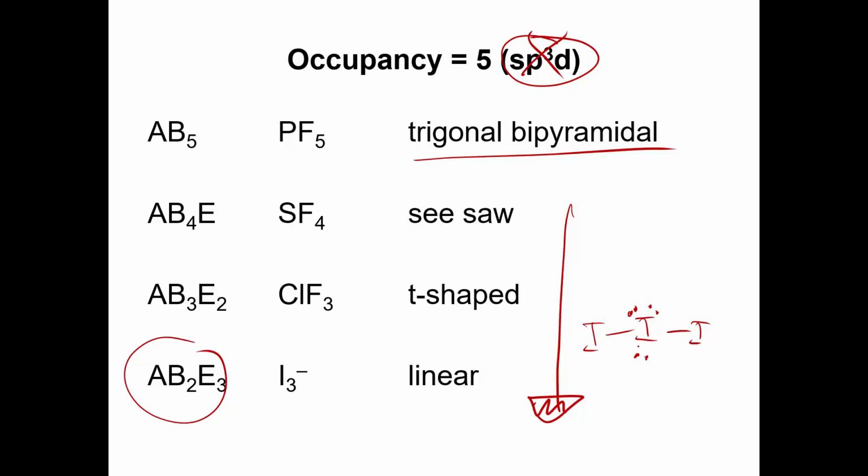Or you draw it and you stick it into this memorizable category and you say, okay, we have a central atom, we have two bonded atoms, and we have three lone pairs. So this is AB2E3, which I'll memorize to be linear. So you can either memorize that or figure it out. One way or another, you're going to have to figure it out.